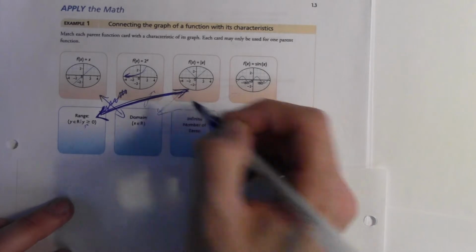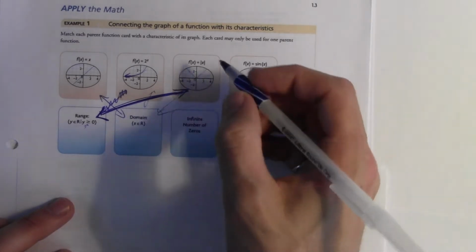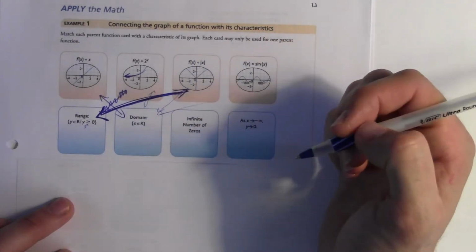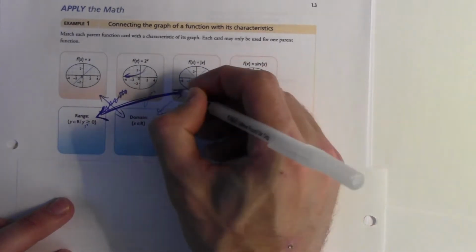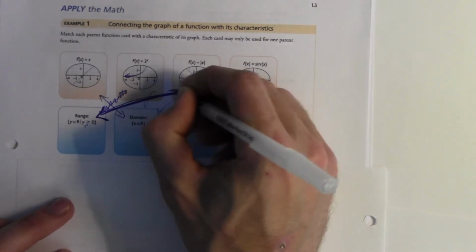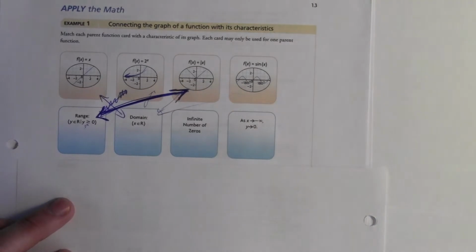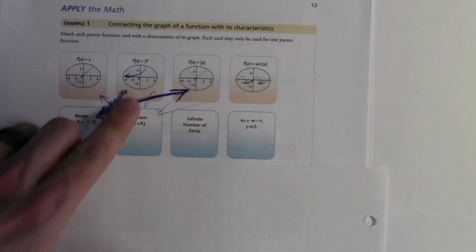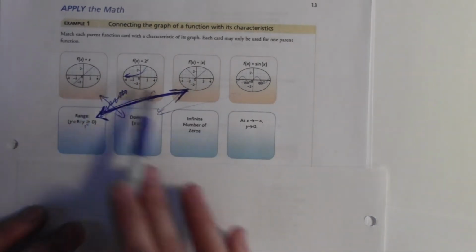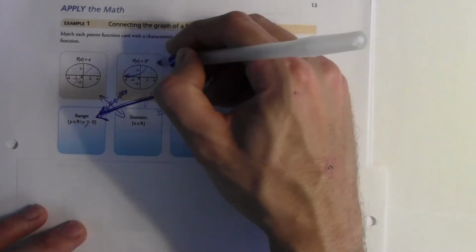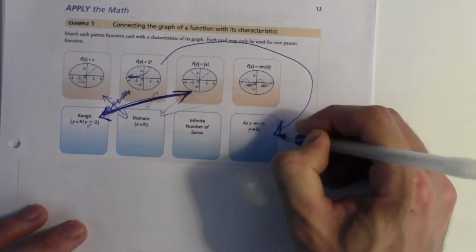So it says equal to 0. That's the last one. Oh, yeah. This one equals 0, this one equals 0. Yeah. No, this one goes with this one. All right, second one goes with the last one somebody said. As x goes to negative infinity, y goes to 0. That's right, yeah. That goes with that one.